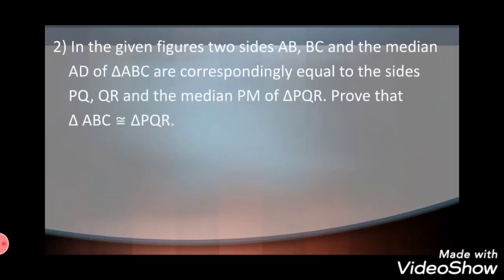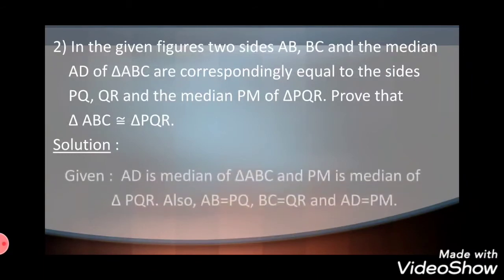Next question, question number 2. In the given figures, two sides AB, BC and the median AD of triangle ABC are correspondingly equal to the sides PQ, QR and the median PM of triangle PQR. Prove that triangle ABC is congruent to triangle PQR. For the solution, first we write the given.